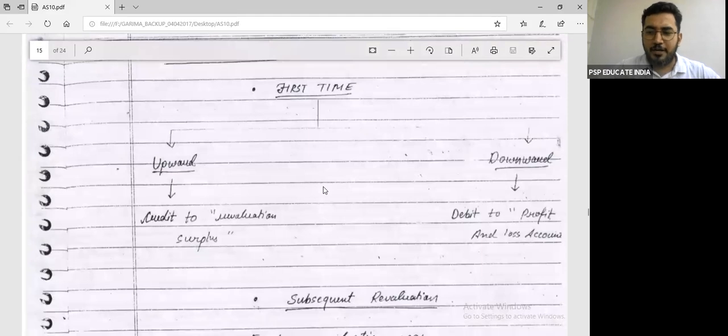So you will debit the profit and loss account.